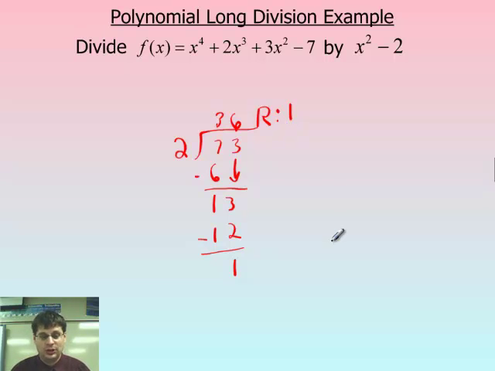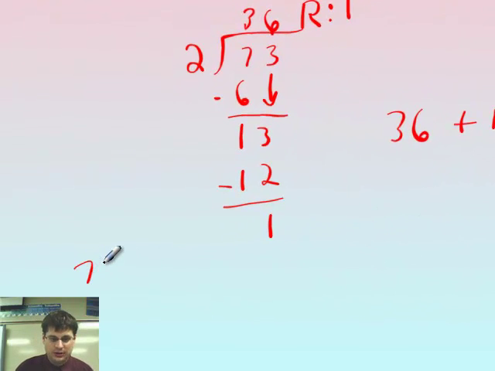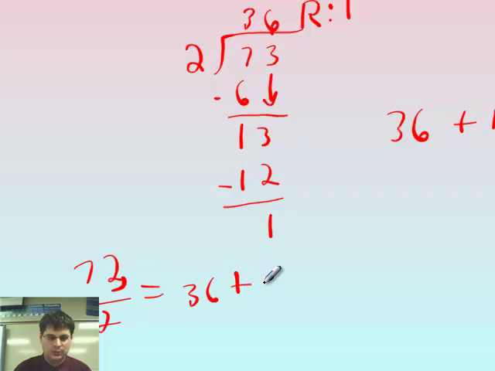So now you would say, okay, this is my answer. In some cases it would be 36 plus a remainder of 1. So algebraically, it would look like 73 divided by 2 is equal to 36 plus 1 left over.